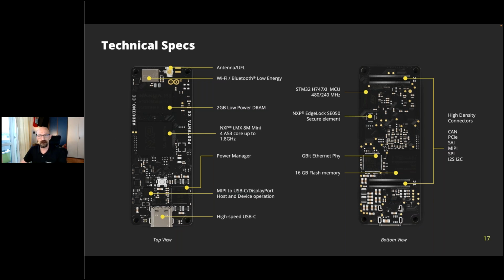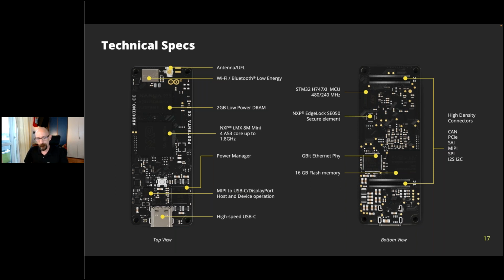Then we have the NXP EdgeLock SE050, the secure element. And then we have a gigabit Ethernet PHY for giving Ethernet connectivity through an external connector. And then 16 gigabytes of flash memory.